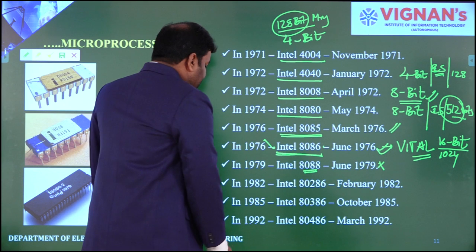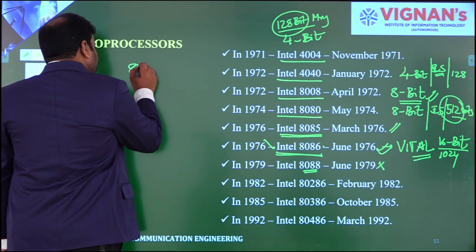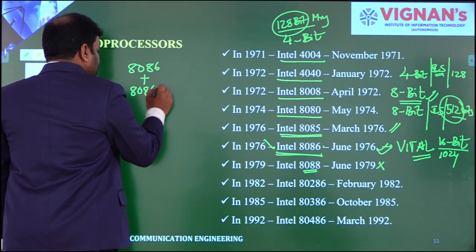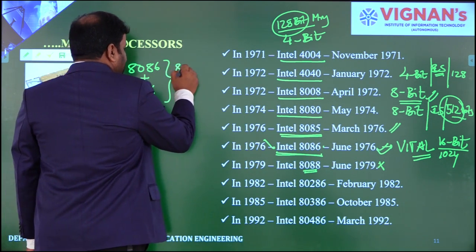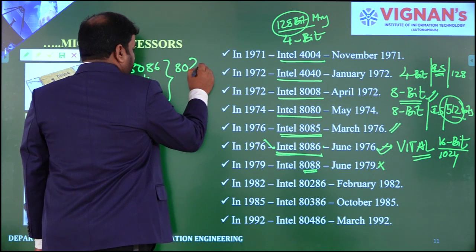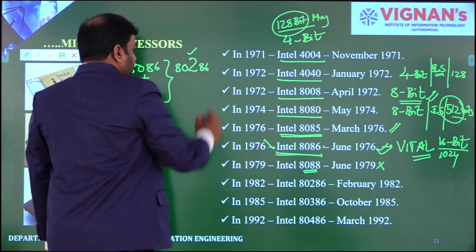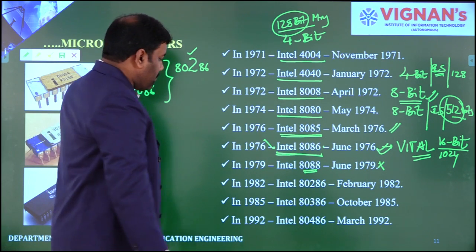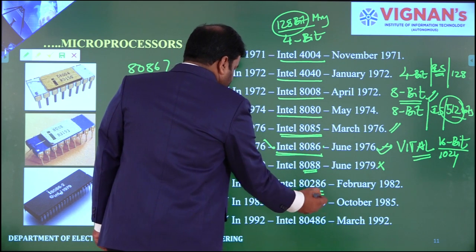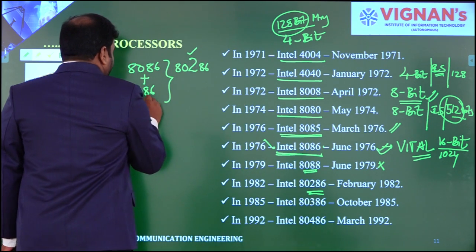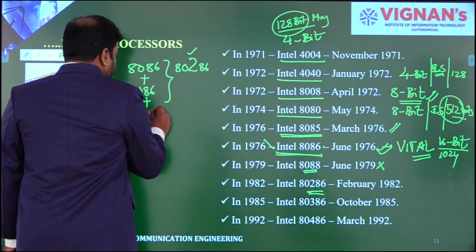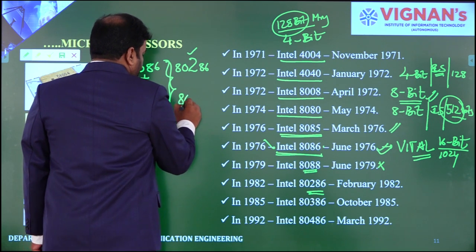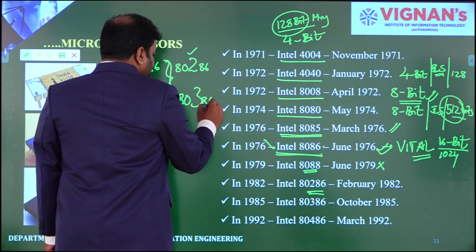Then they joined two 8086s in a single processor, which is the 80286. Then they added one more 8086, giving the 80386.